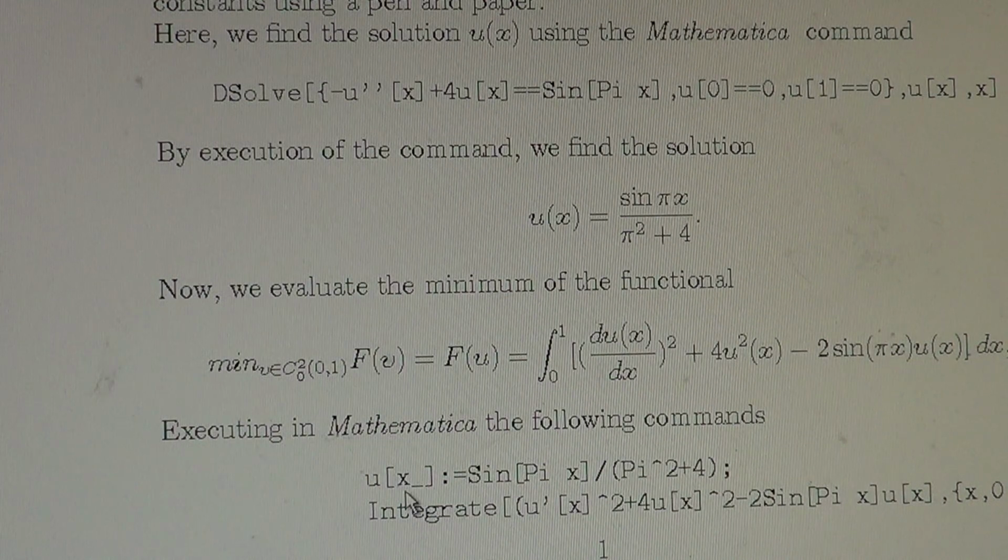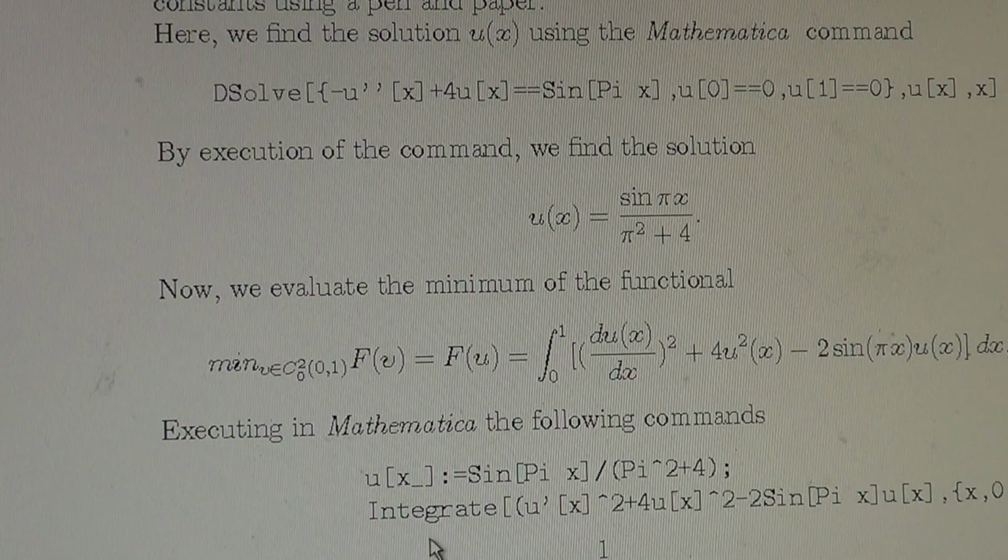We have to define the function u as sine pi x over pi square plus 4, and we write integrate the expression first derivative square plus 4u of x square minus 2 sine pi x u of x. We use an old version of Mathematica. One can use the symbol of integration instead, and as a result of executing this command, we get the minimum of the functional equals minus 1 over 2 pi square plus 4.